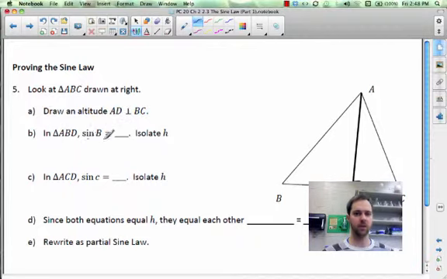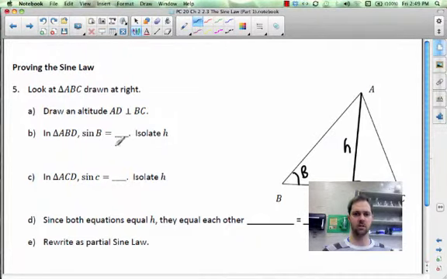In triangle ABD, sine B equals blank. Isolate H. So we are going to call this altitude H. Now sine B, this is angle B. Okay? Sine is always opposite over hypotenuse.